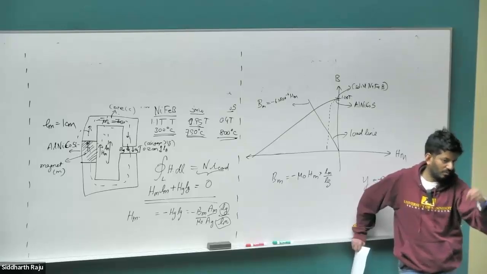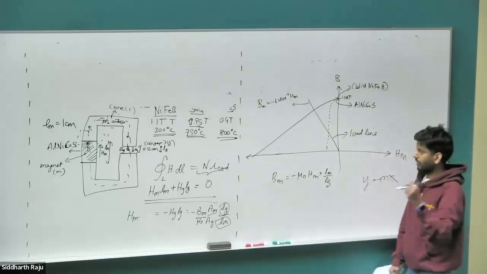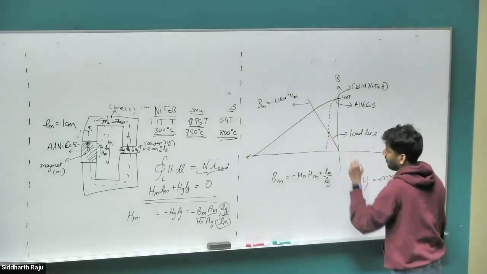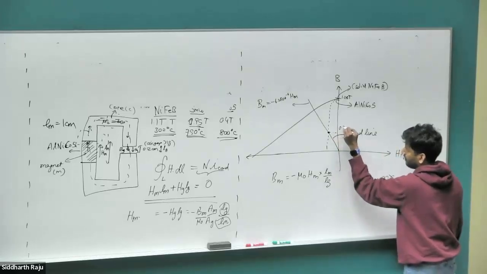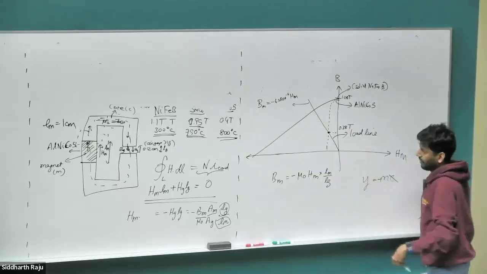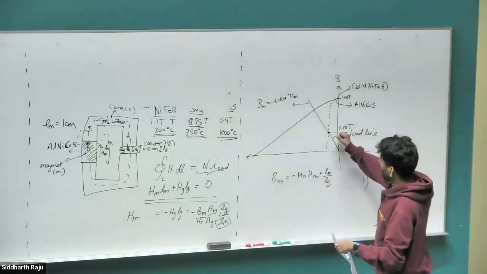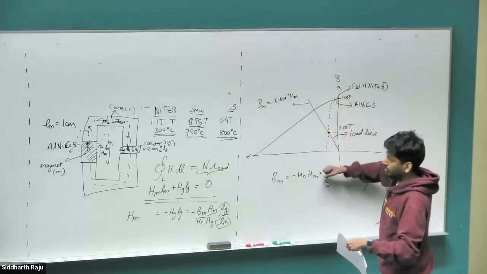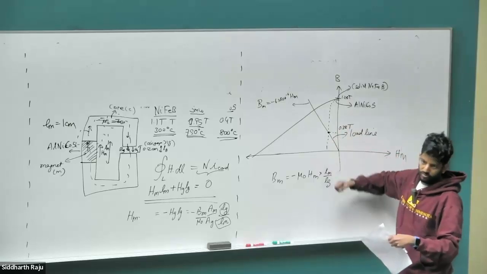You plot the first equation, plot the second equation, and the point where they cross over is the solution for the circuit. This is the point where it will settle down. In this example, the value comes out to around 0.38 Tesla. So this is what happens in an Alnico magnet: even a tiny amount of air gap, the magnetic field will drop significantly. The larger the air gap, the more the magnetic field reduces.